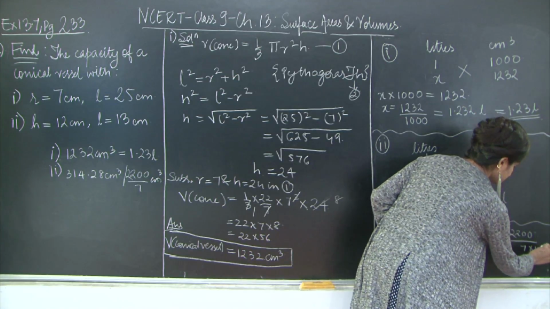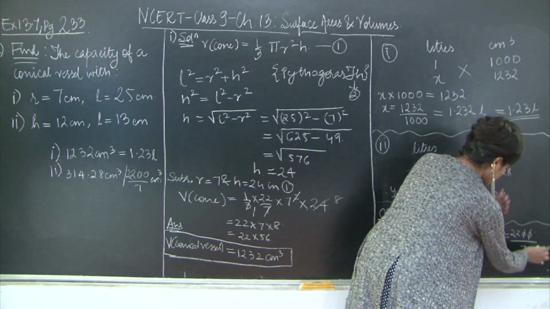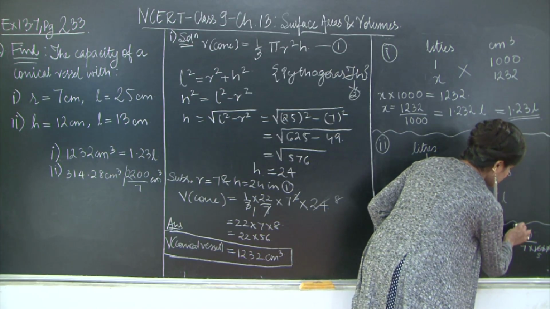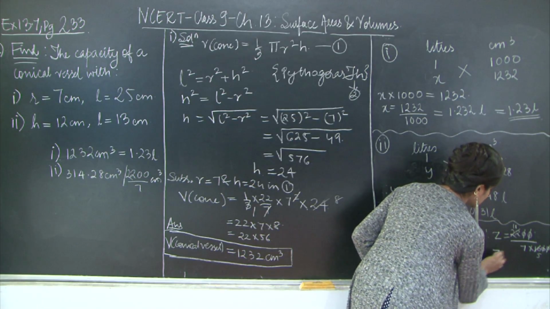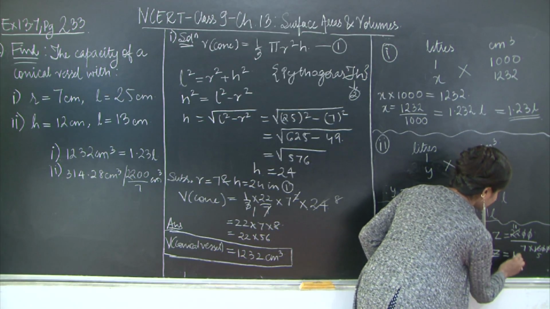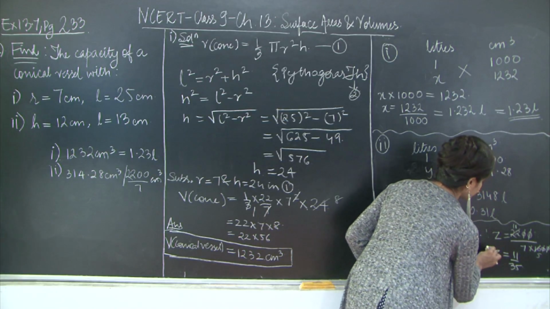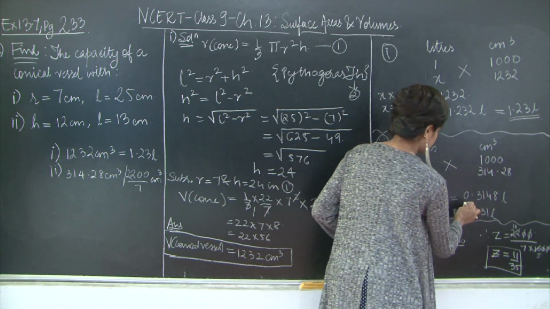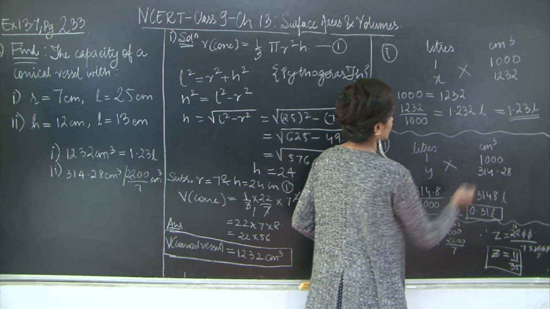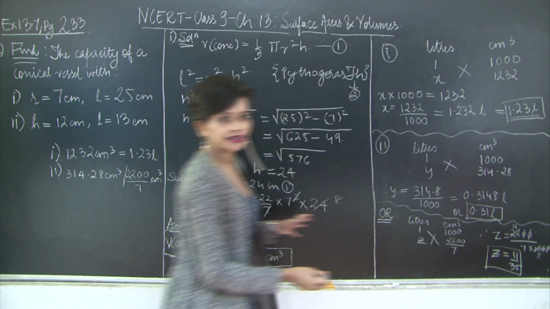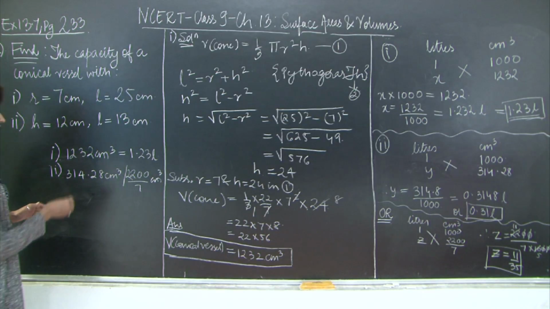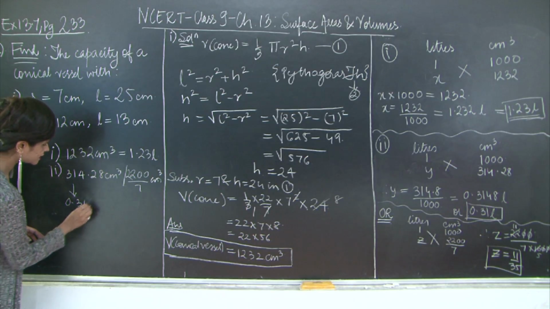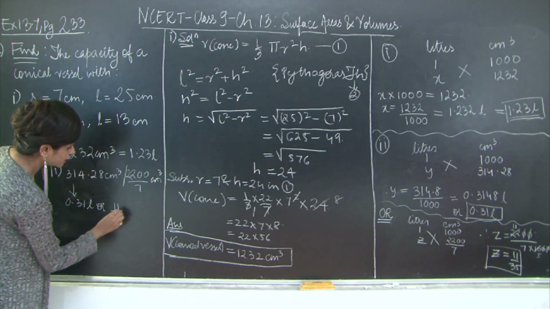So this is going to be, so what do you get? 2 5s are 10, 2 11s are 22. z is going to be equal to 11 upon 35. So let's write the answer for the second sub question as well. This is going to be equal to 0.31 liters or 11 upon 35 liters.